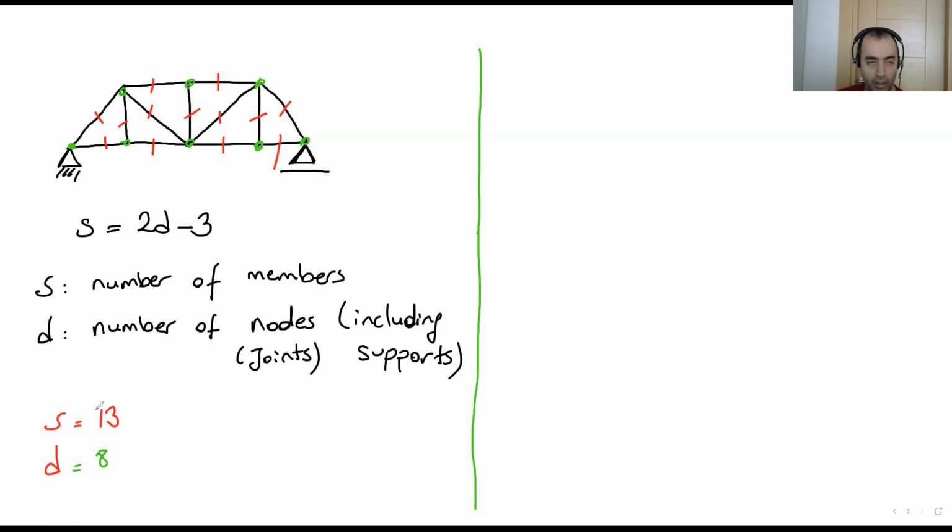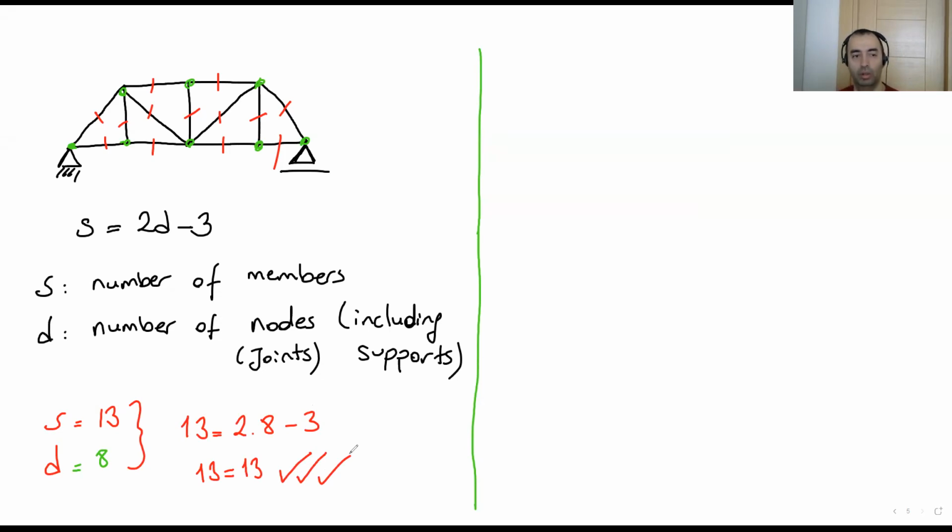Eight. Let's do this equation. S: 13 equals 2 times 8 minus 3. This truss system works well.